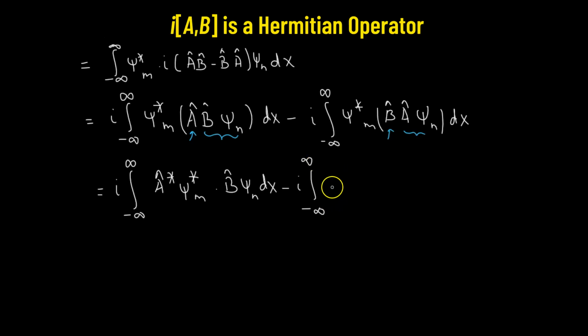That means we have the conjugate of the operator B operating on psi star m multiplied to A psi n dx.